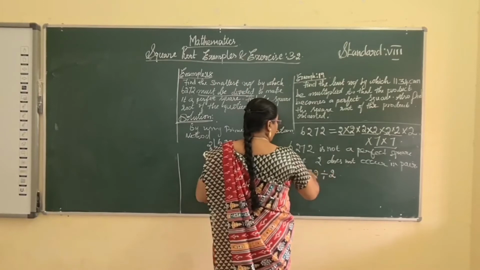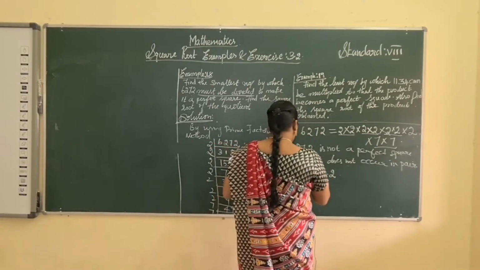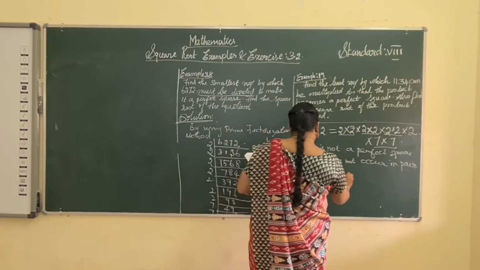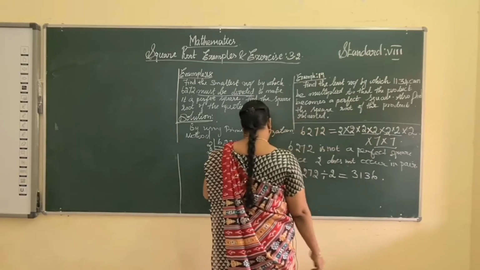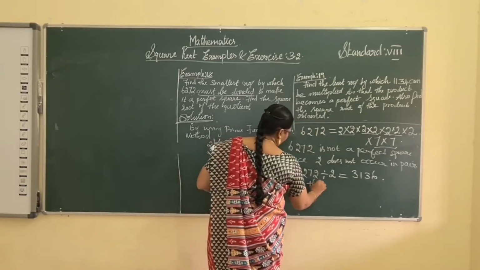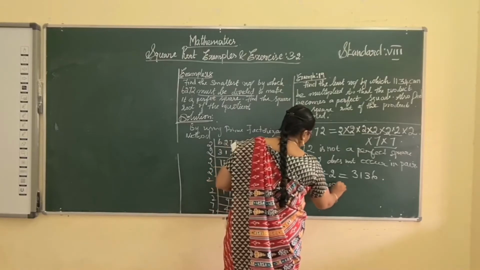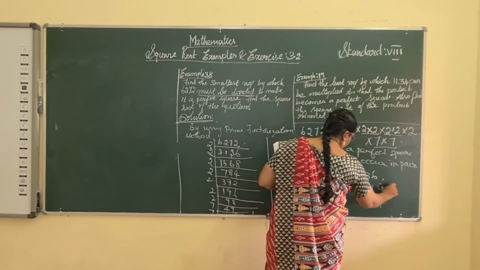That number divides the given number. 6272 divided by 2 gives 3136. Hence the required number is 2.